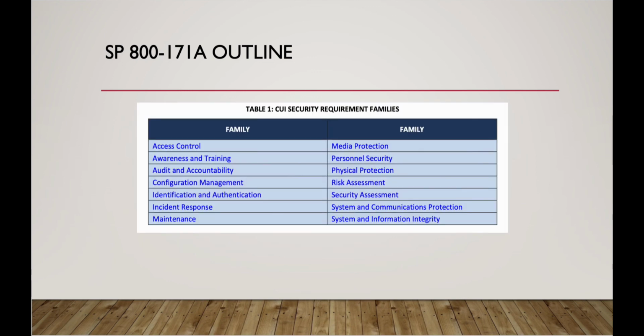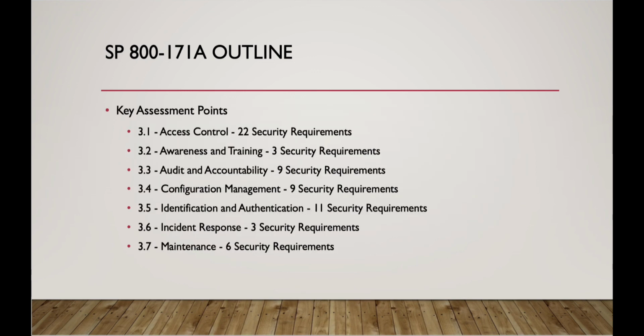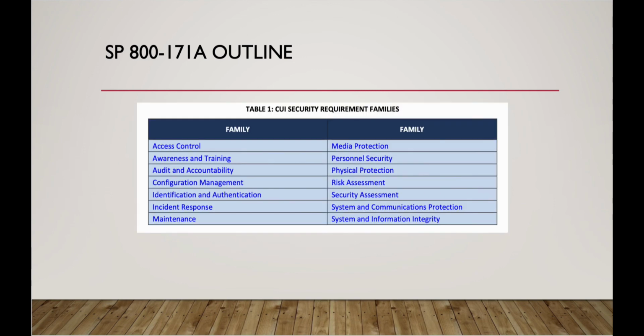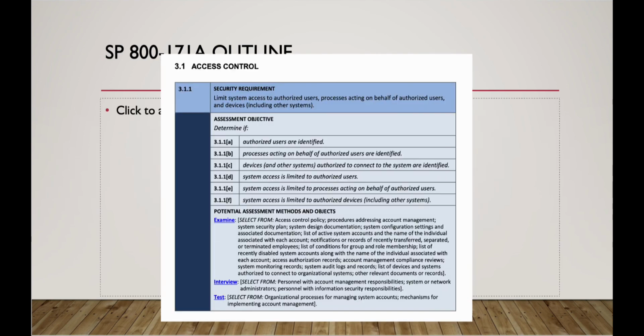It goes up to 3.14 overall, so 3.1 to 3.14 and the various security requirements with that. If you're looking at the slide, you'll be able to go to YouTube and see the actual overview. But it talks about access controls, audit and accountability, and NIST 800-171 will have this all broken out. You click on links and it'll take you to each of those controls and the families.